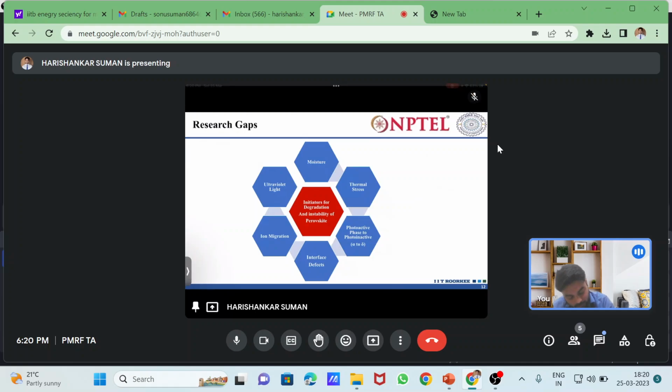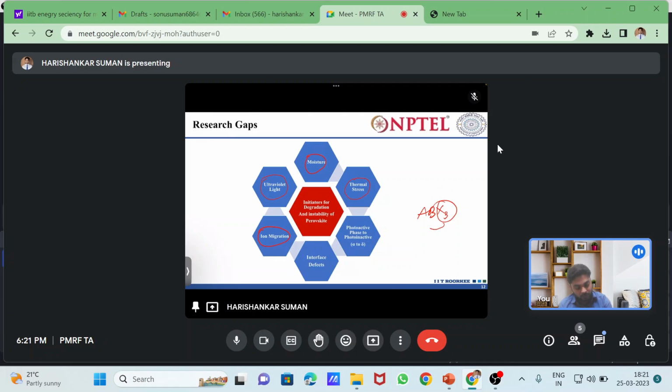Perovskite stability issue is due to thermal stress, moisture, and ultraviolet light. Perovskite absorbs moisture and degrades. Perovskite has an ion migration issue like that ABX3. Halide can migrate and leave its position in the structure.